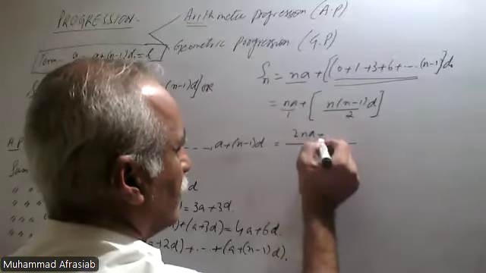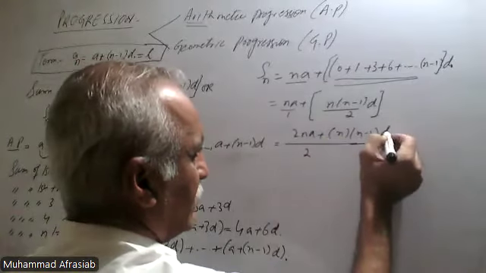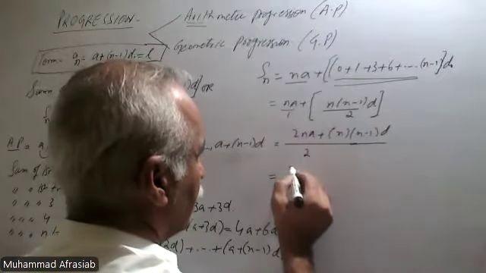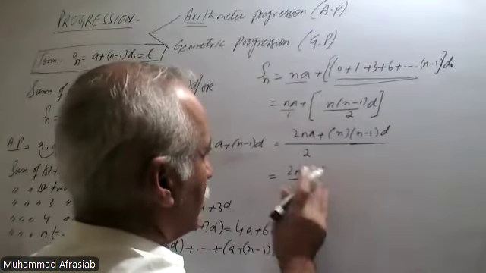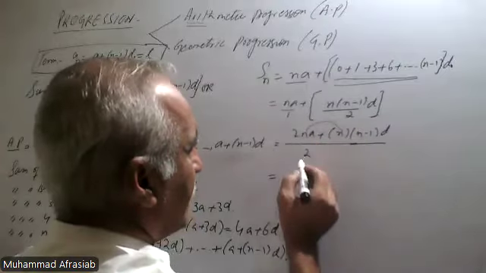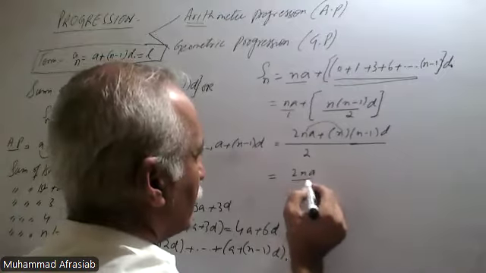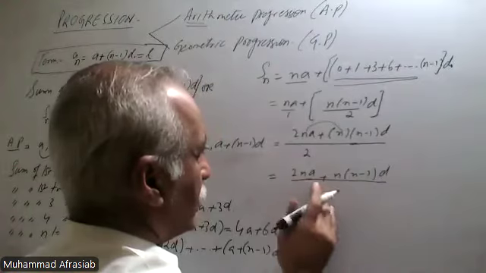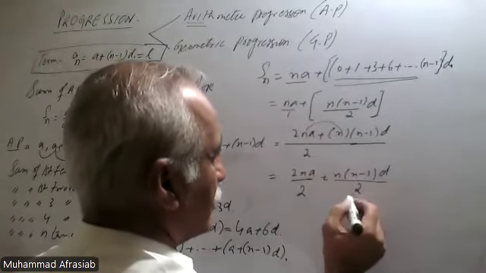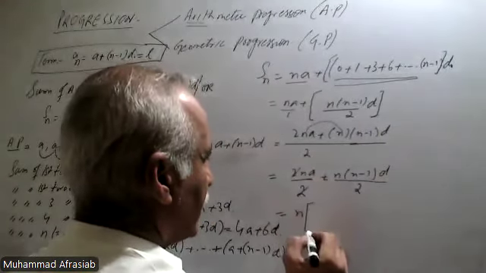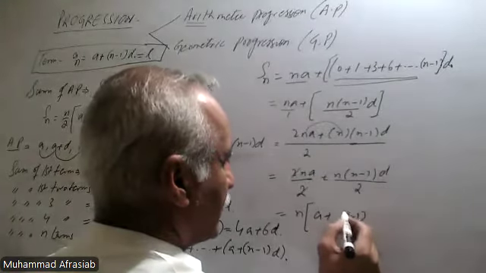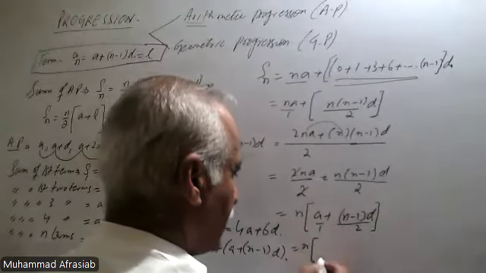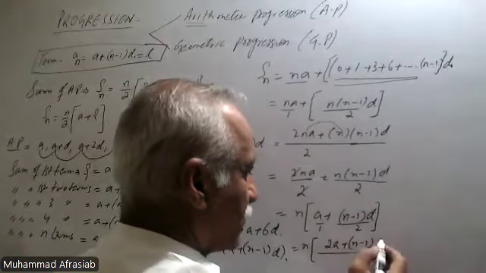It should be equal to (2na plus n into (n minus 1) into d) over 2, and n is common, so it is n over 2 into (2a plus (n minus 1) into d).